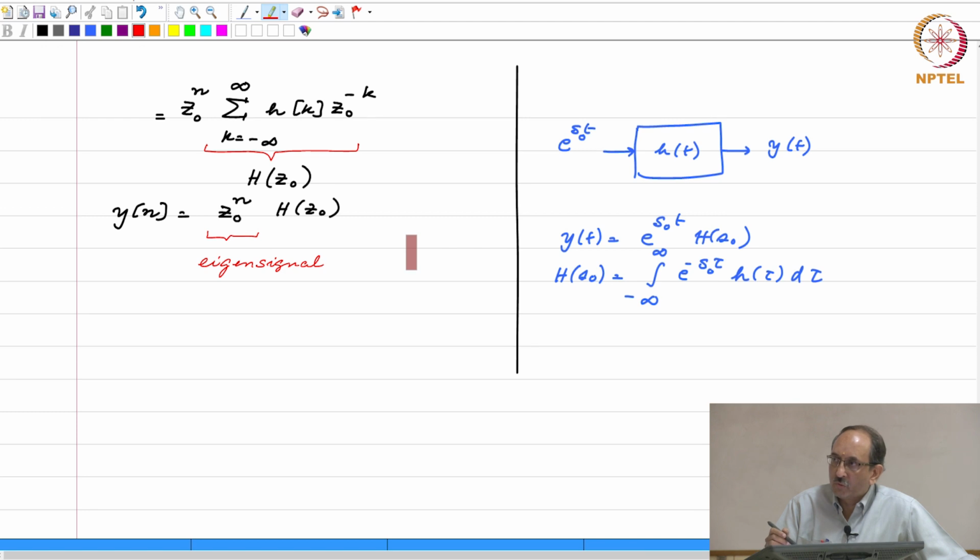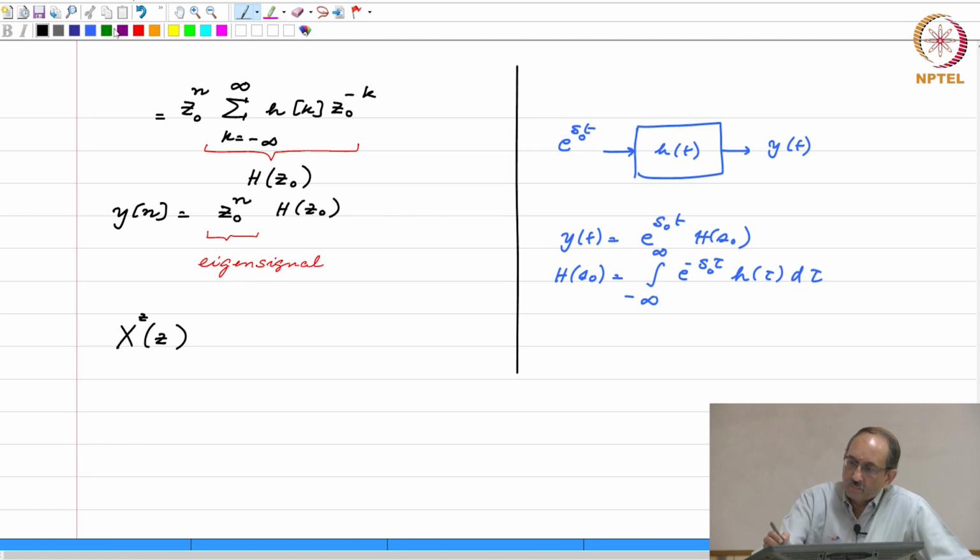So, if you want to use more precise notation, there are some books that use this. They denote x of z as X_Z of z. Some books that are more careful use this, and they will call this H_L of s.